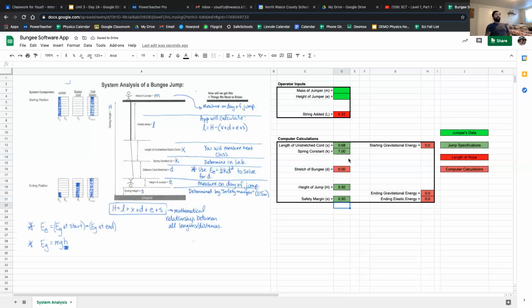All right, and so now if we have a mass of a jumper, let's say their mass is 0.023 kilograms, and their height is 0.23 centimeters, which is very similar to the Barbie doll, and we press enter, we can see now that it's giving us a length of rope to add to the bungee cord.